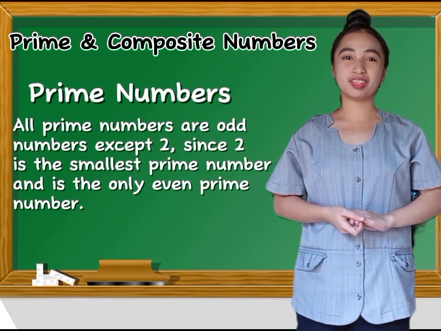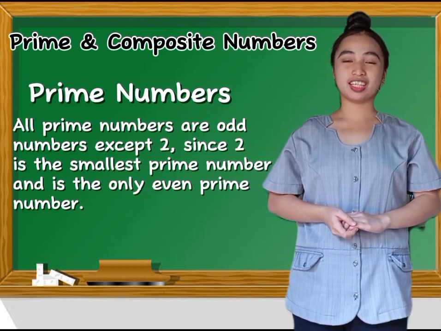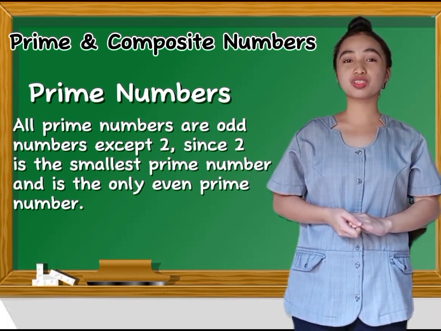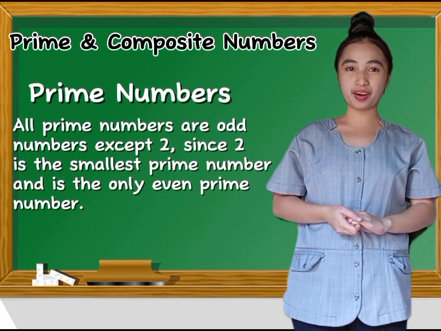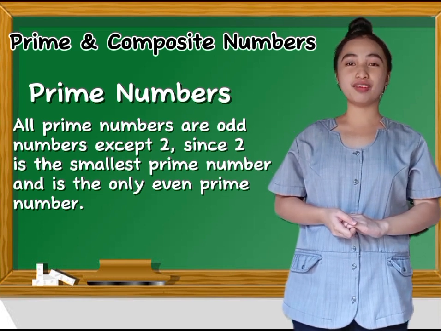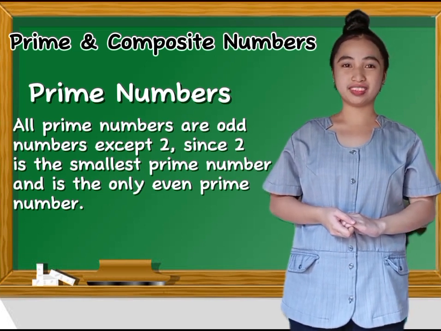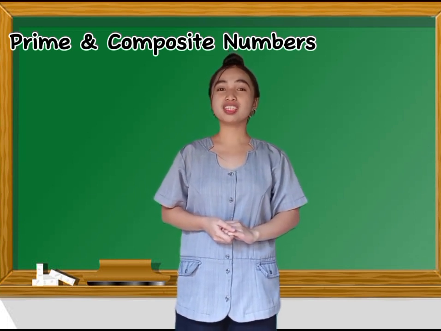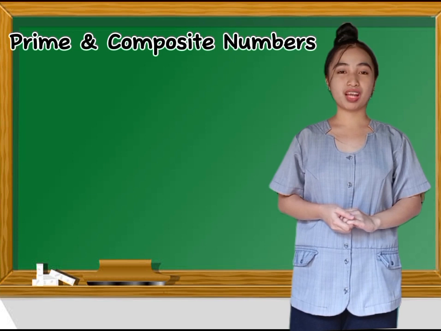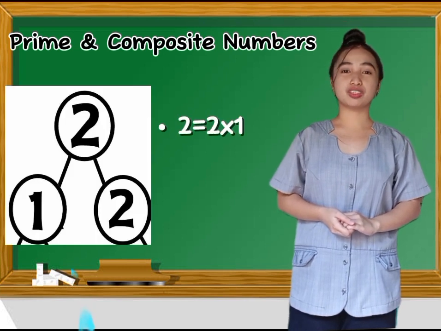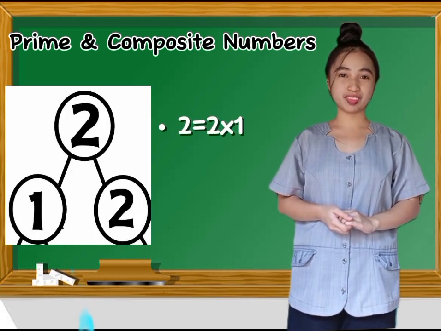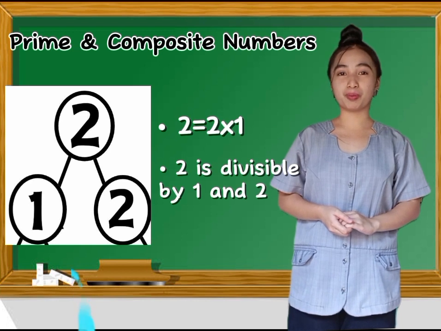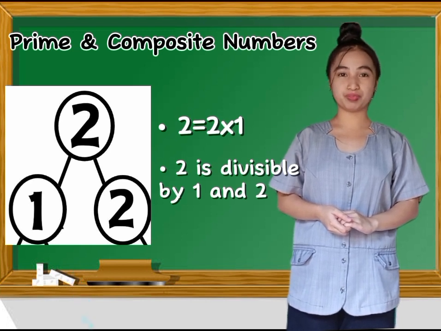That's why 3 is a prime number. All prime numbers are odd numbers except 2, since 2 is the smallest prime number and it is the only even prime number. What is the reason why 2 is the smallest prime number? 2 is equal to 2 times 1. 2 is divisible by 1 and 2.